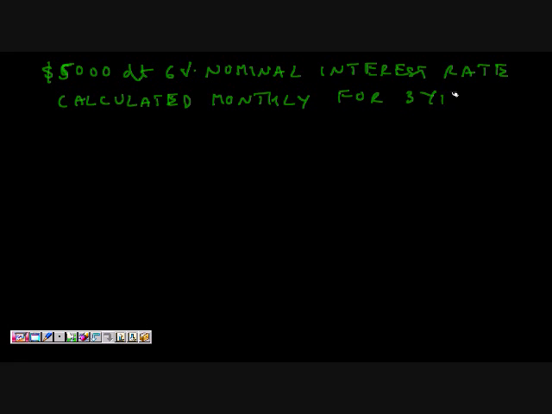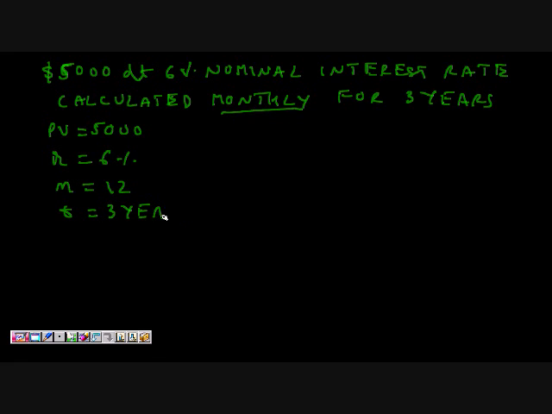In this case our present value is still $5,000. r is equal to 6%, that's your annual interest rate, and n is equal to 12 because we are calculating the interest monthly, and t is equal to 3 years.